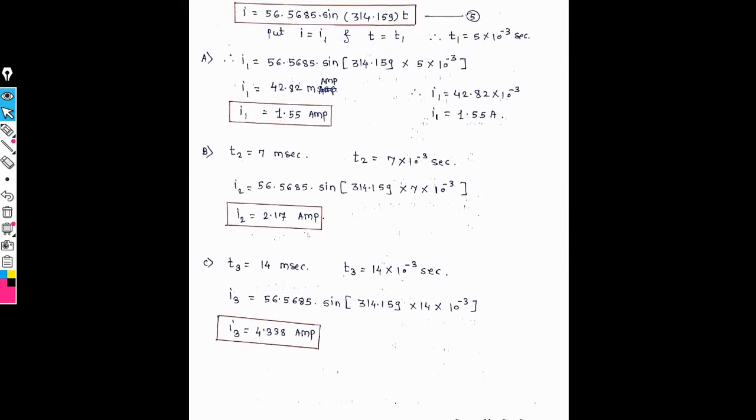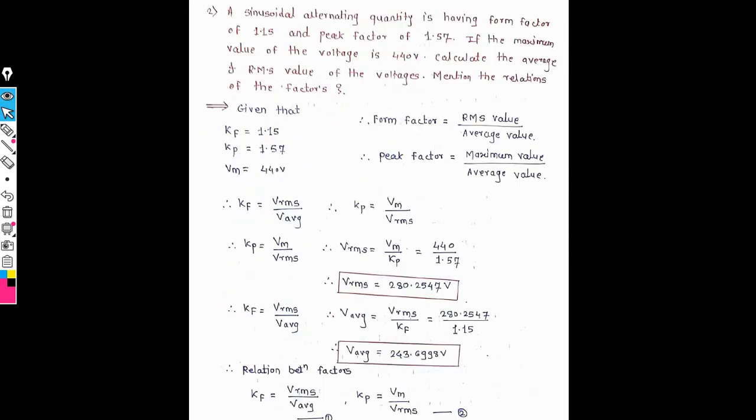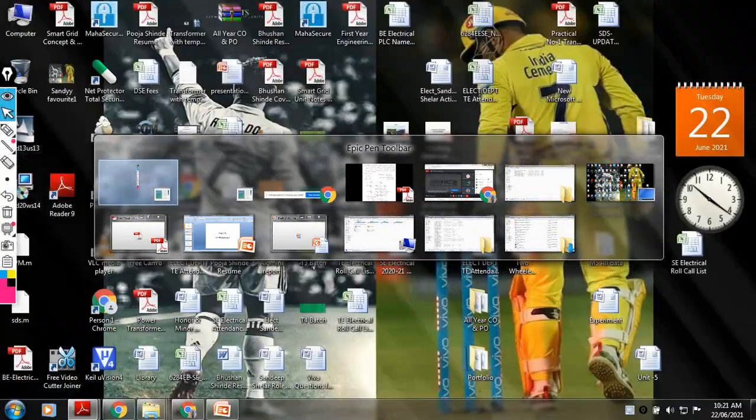Then also the next problem is based on form factor and peak factor, in which we have to calculate the values of form factor and peak factor. Then we need all their parameters.